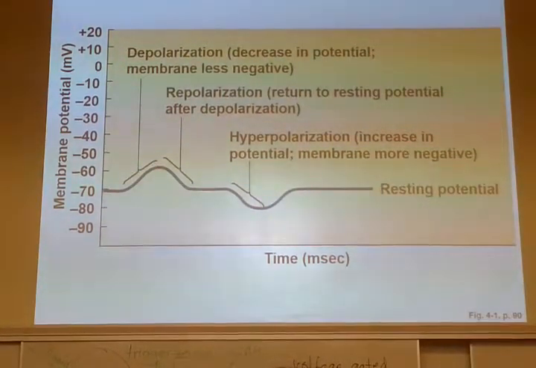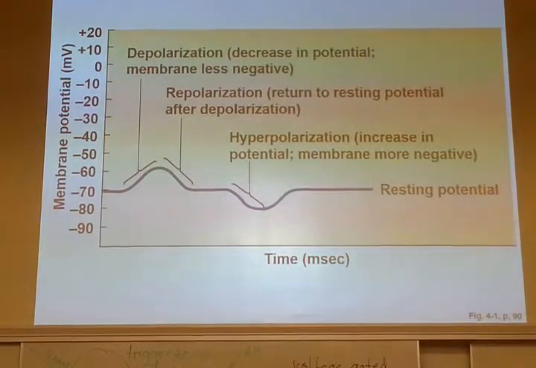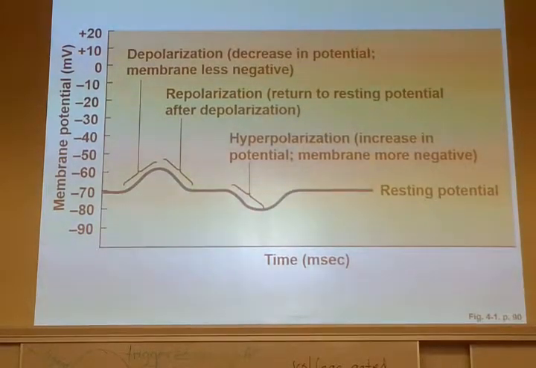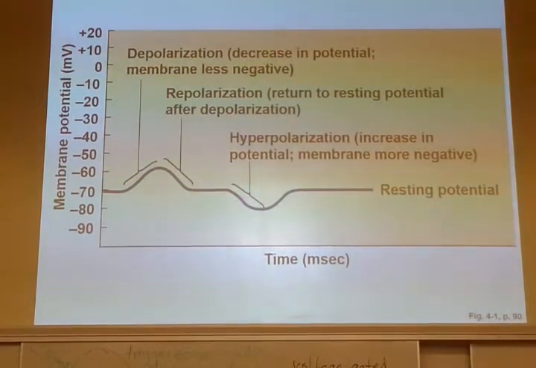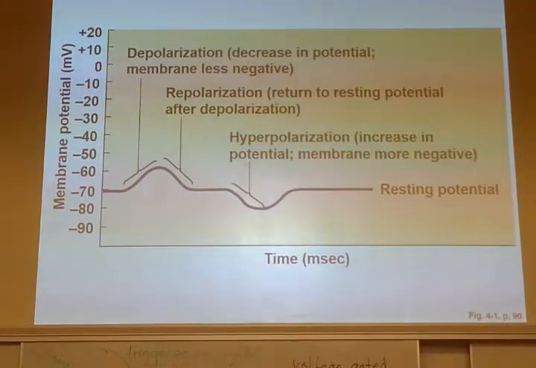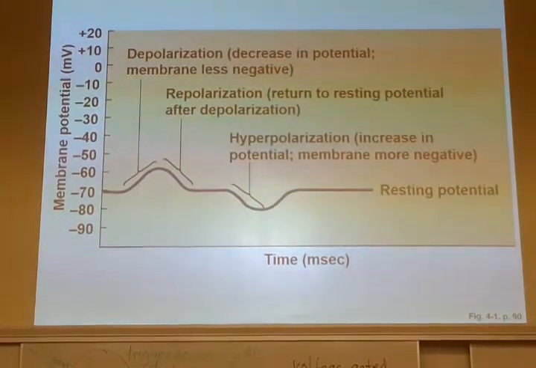Then this gate opens. Now you've got a channel, and sodium is rushing in. A lot of sodium rushes in. So positive charge, instead of working its way up with a fairly flat slope, suddenly the slope of the line is almost vertical.